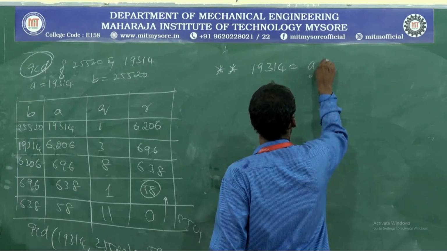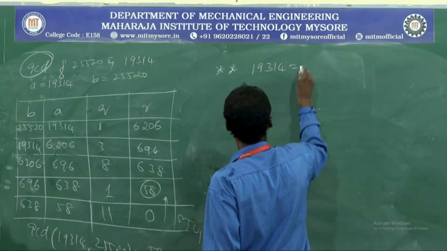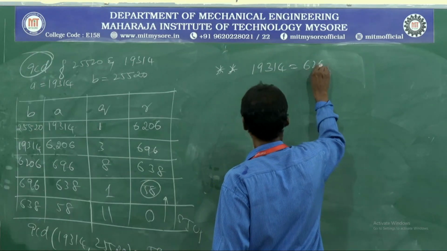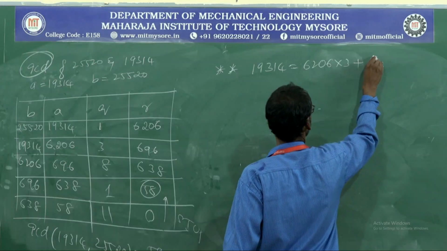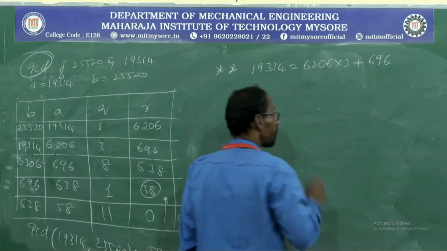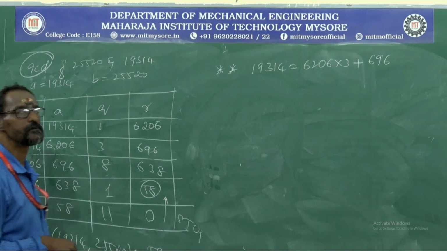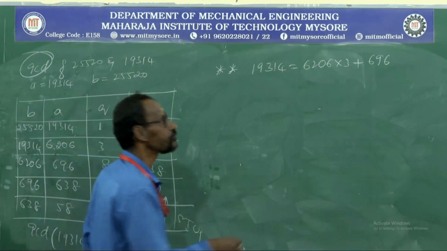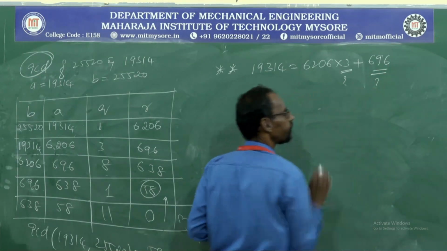I want A times Q plus R, or I can say what is A? It is 6206 times 3 plus 696. Sir, how can I find this easily? Do I need to scratch my head to find this? No. How to find?